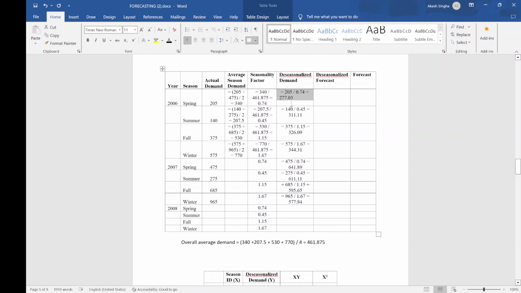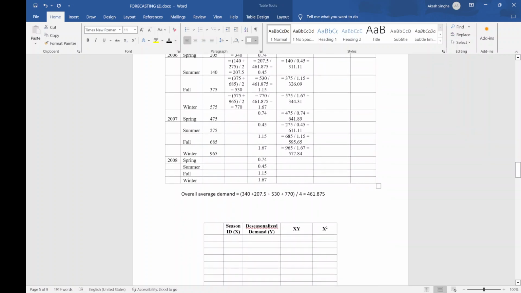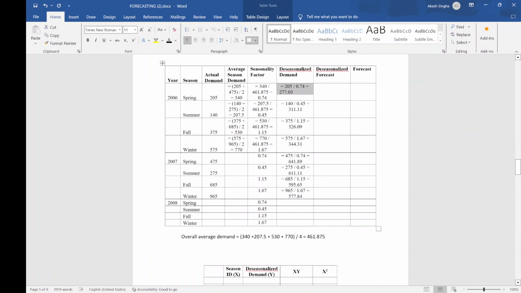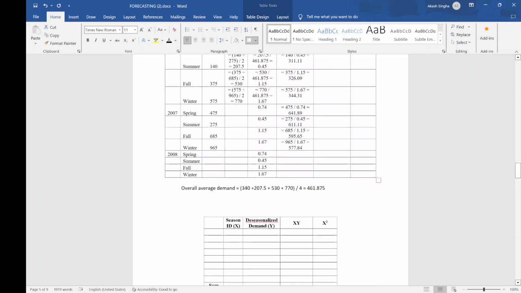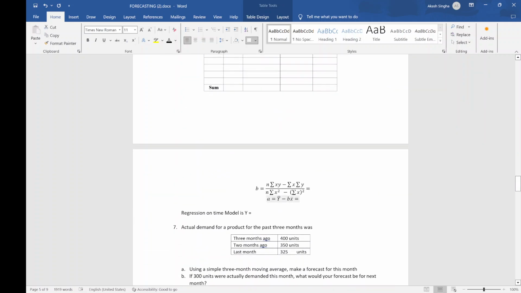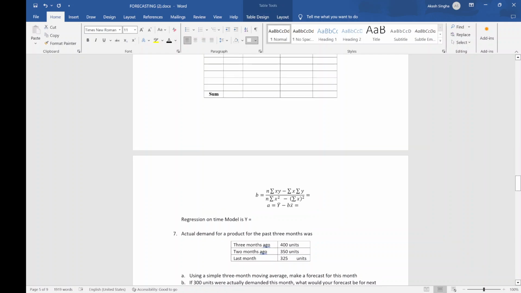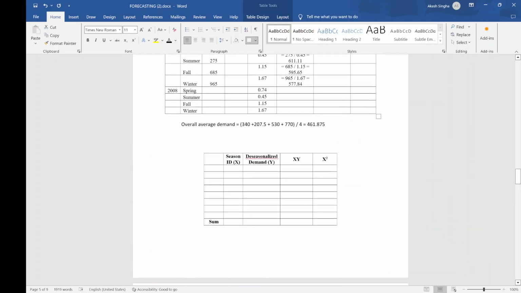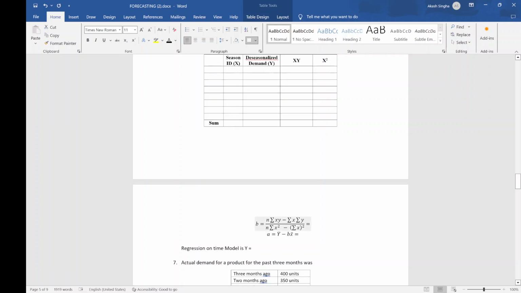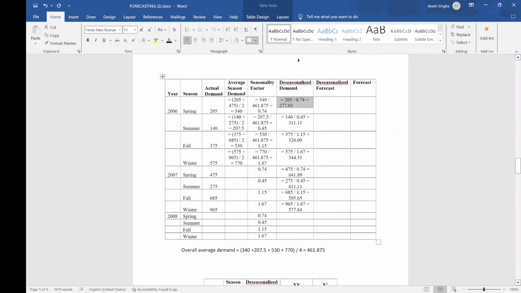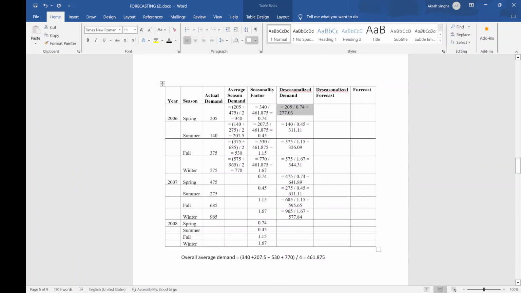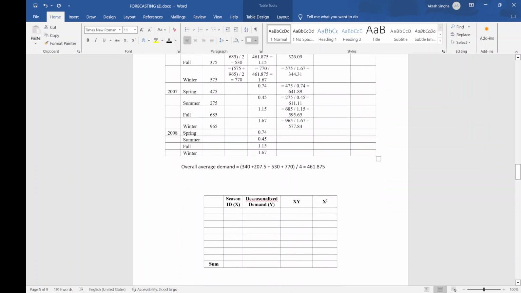Now using this deseasonalized demand, we have to do a regression to calculate the other values. So how to do that? The equation we know, right? We can just put these values as y, and x we have to put.